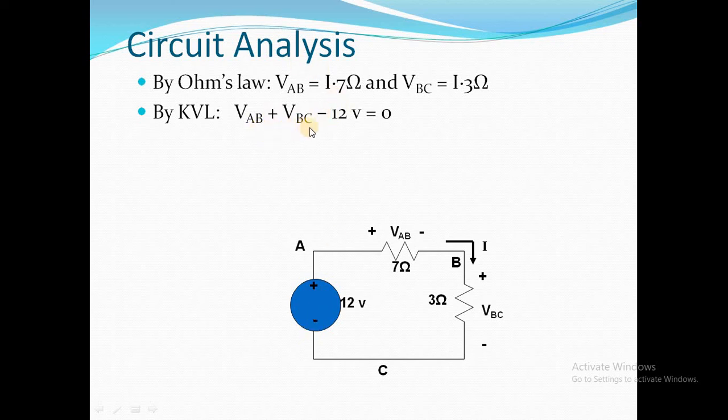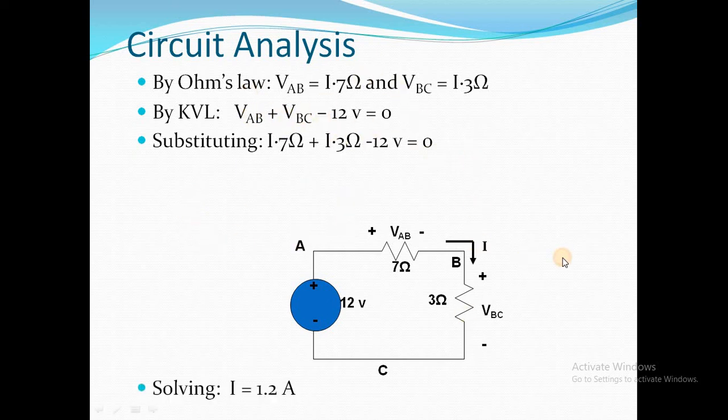That is VAB plus VBC minus 12 volt is equal to 0. So substituting, I into 1.7 ohm plus I into 3 ohm minus 12 volt is equal to 0. By solving this equation, I is equal to 1.2 ampere.